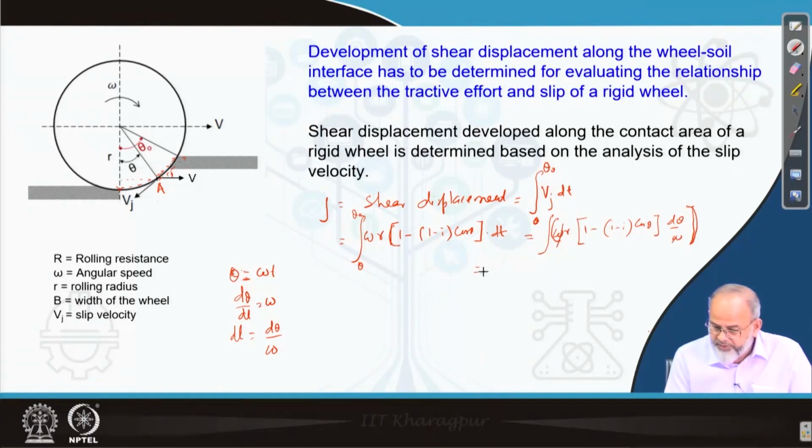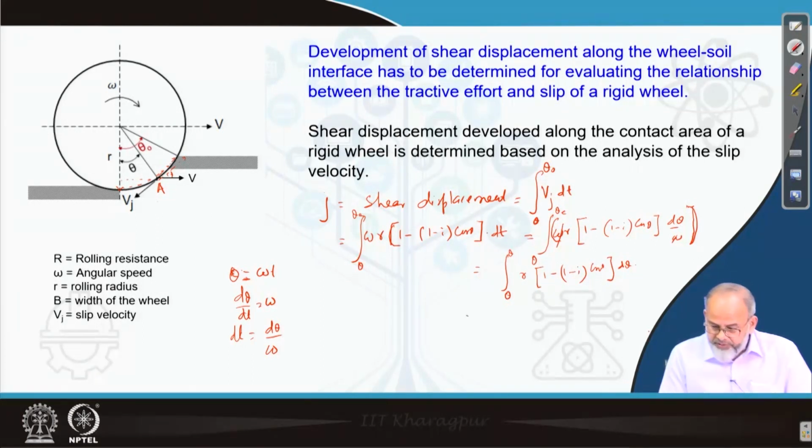So now what I get is, integrated from theta to theta e, r into 1 minus I cos theta d theta.